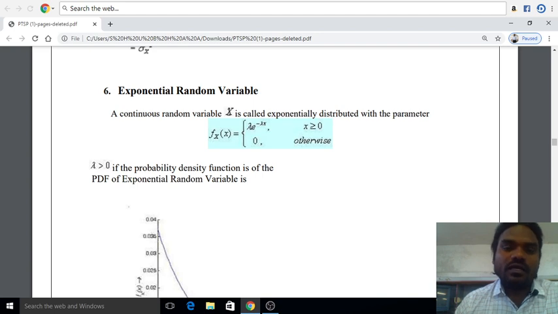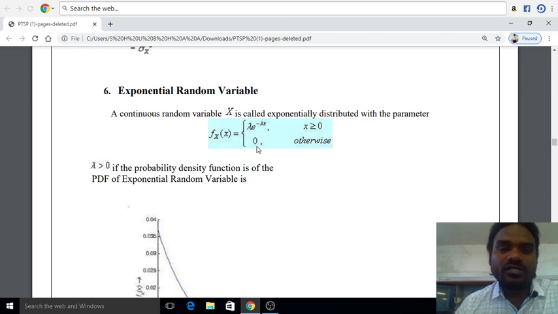Exponential of any negative value will be 0, irrespective of any coefficient; lambda is a coefficient, so that value is 0.